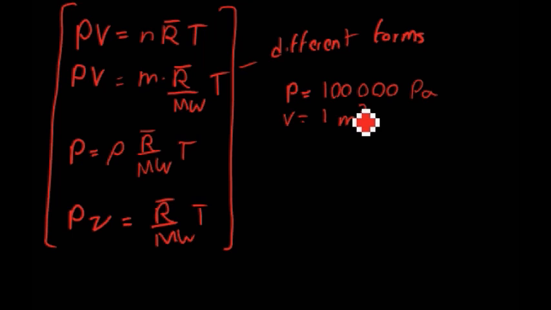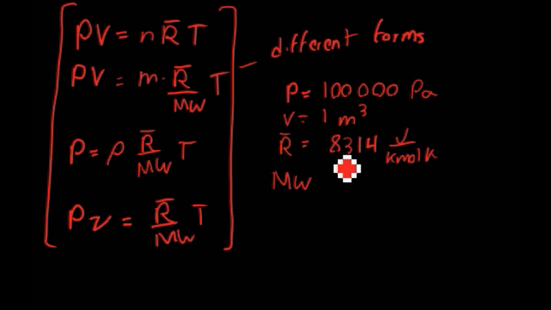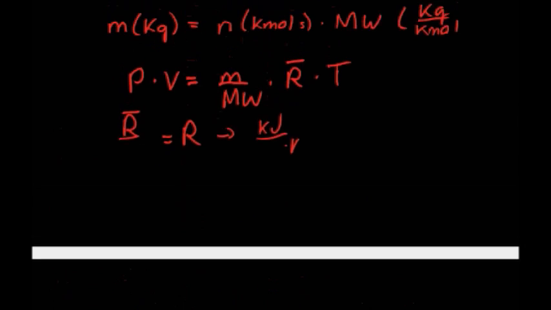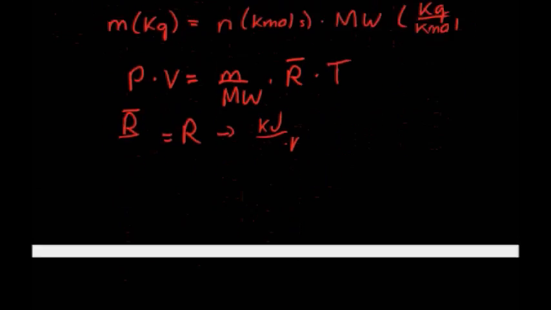R bar, I already told you, is 8314 joules per kilomole Kelvin. Molecular weight, I'm just going to say that's 10. Sorry, I forgot the units of what molecular weight was. Kilograms per kilomole.